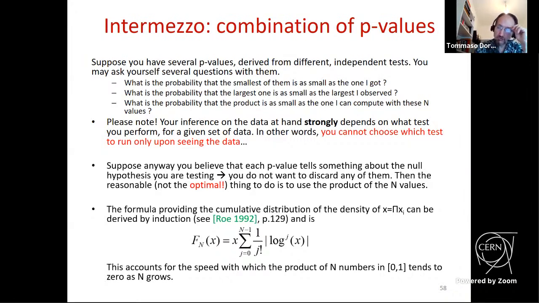So you can try to extract this distribution on the null hypothesis, that is, all of these p-values are drawn from a uniform in 0 to 1. And so you can compare this product to what you actually observe in the data.